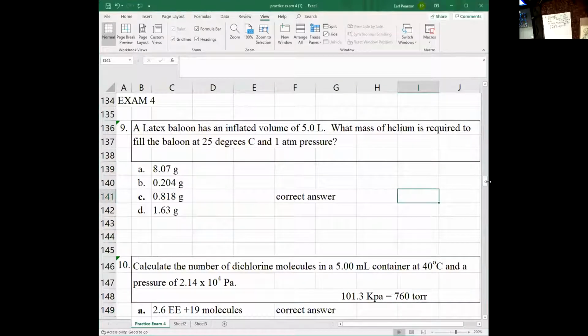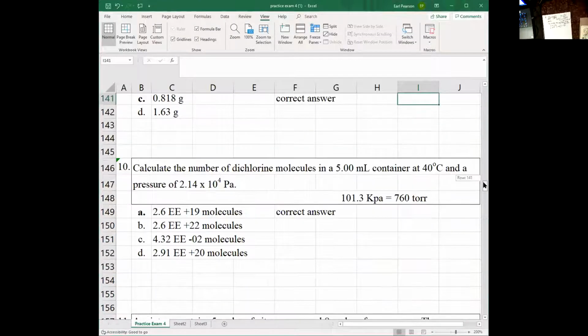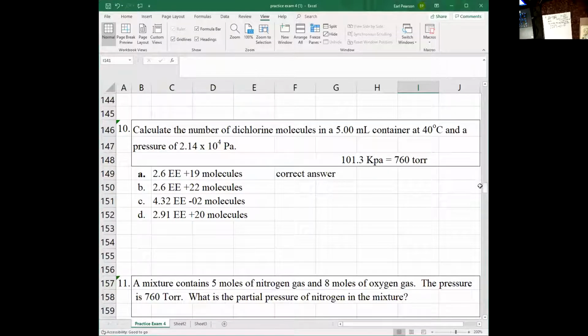Okay, we need to do a screen share so you can see the next question. That would be number 10. Calculate the number of dichlorine molecules in a 5 milliliter container at 40 degrees C and a pressure of 2.14 pascals. And I gave you the conversion factor that 101.3 kilopascals is 760 torr or 1 atmosphere.